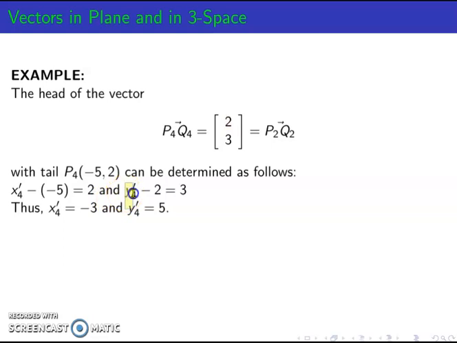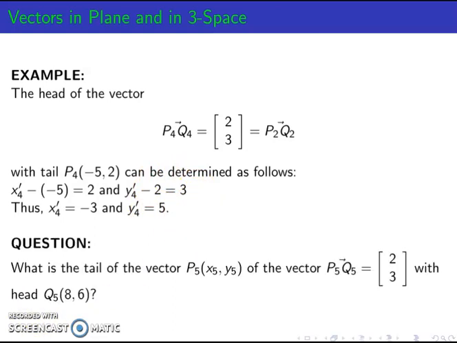And y prime minus 2 is equal to 3, which has a similar explanation. So x prime sub 4 is equal to -3, or just 2 minus 5. And y prime sub 4 is equal to 3 plus 2, which is equal to 5. And now I will let you answer this question as your exercise.